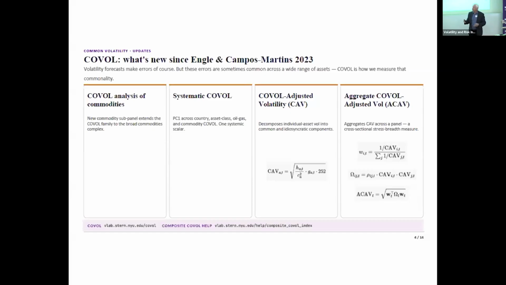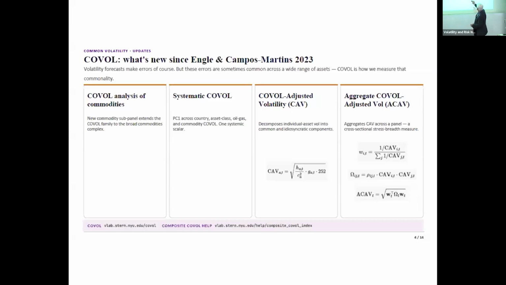Interestingly, the recent spike in volatilities doesn't show up in COVOL. Even the oil and gas stocks aren't really misforecast by their underlying assets. And so the COVOL part doesn't look so big, but that's because the volatility is high.